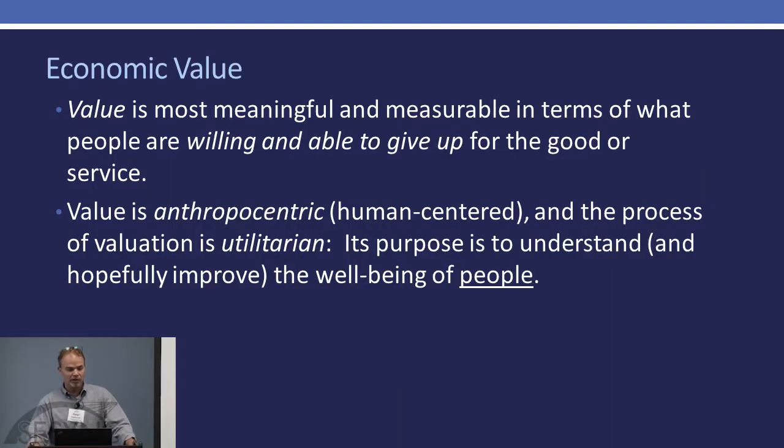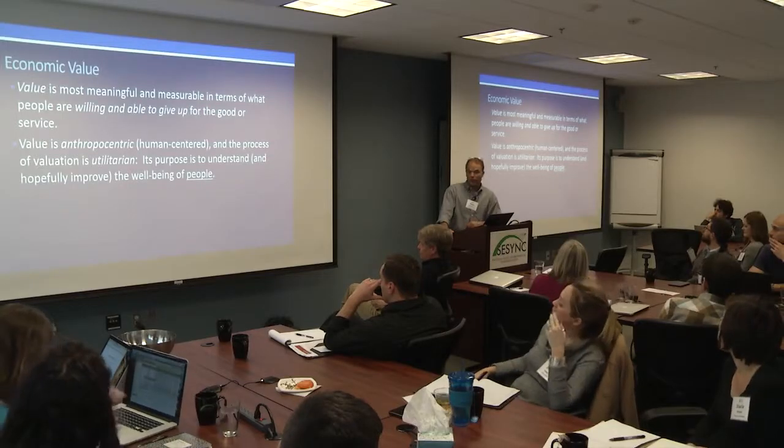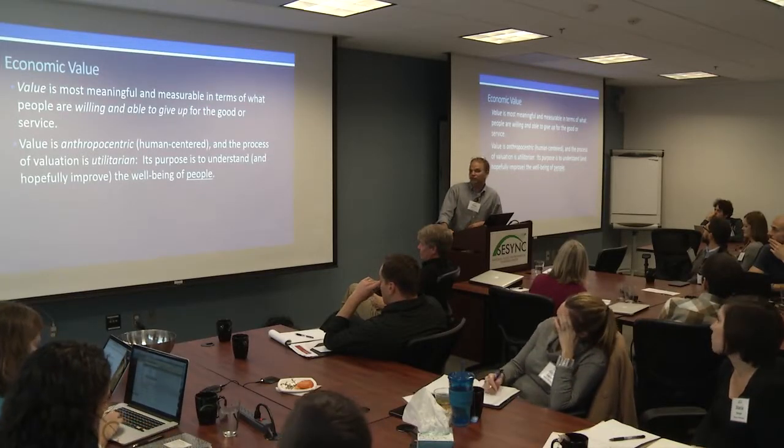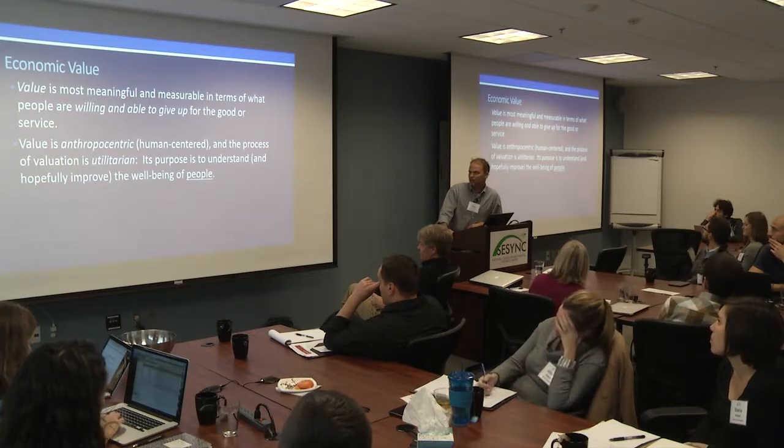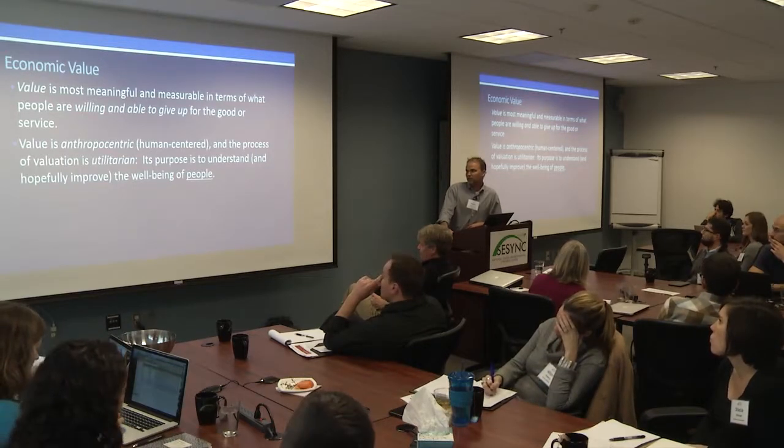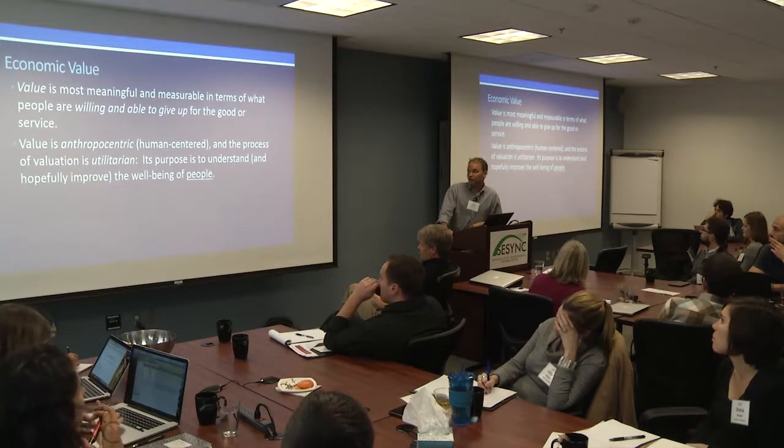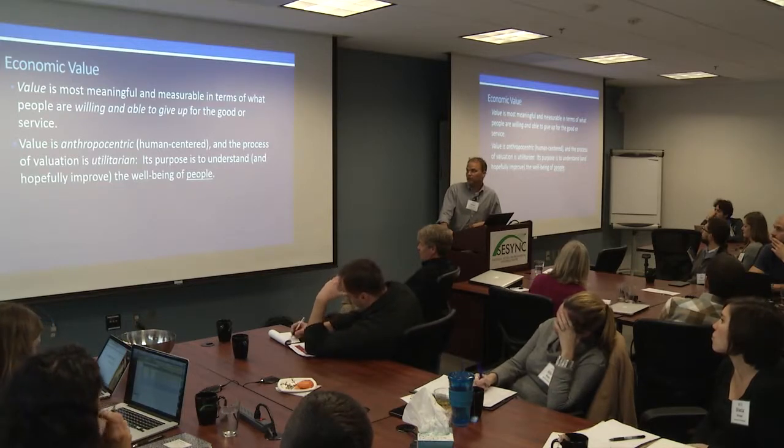Okay, so willingness to pay. We've covered this. Value is anthropocentric. Valuation is utilitarian. We've covered this as well. This is a point that we could debate, the anthropocentric perspective on value. Pros and cons of that perspective, I guess. The big pro is that we really don't have a choice other than to try and measure value to people.